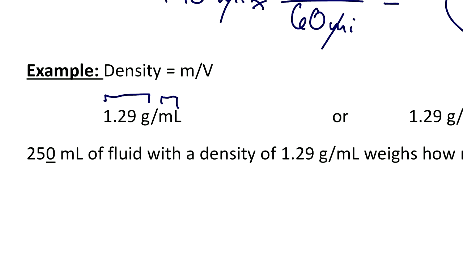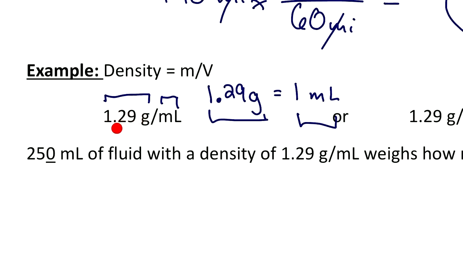So this means if I have 1 milliliter of liquid, it weighs 1.29 grams. So this allows me to make a relationship between volume and mass via the density for a given substance, all right? So again, no different than miles per hour. I took the top unit and its number, set it equal to the bottom unit with an inferred 1.